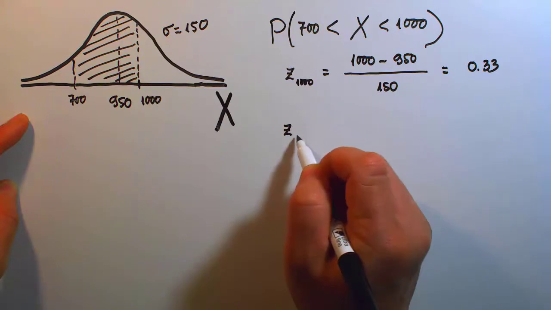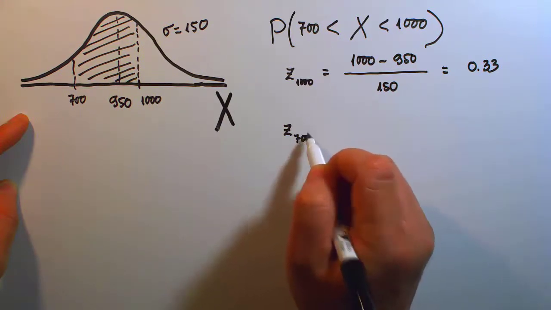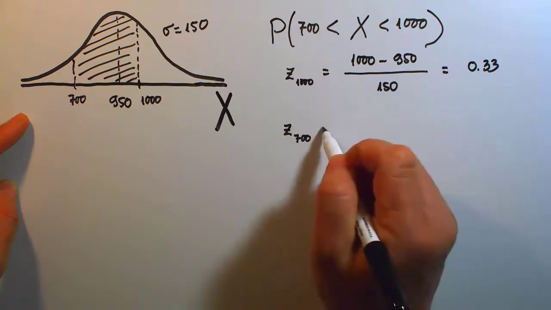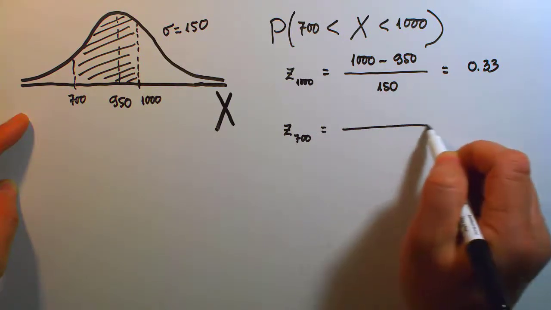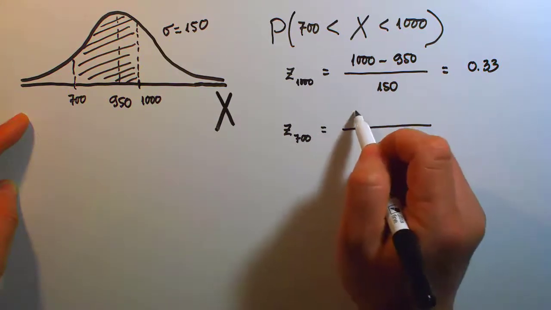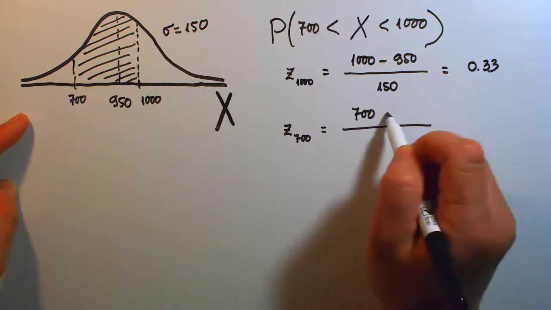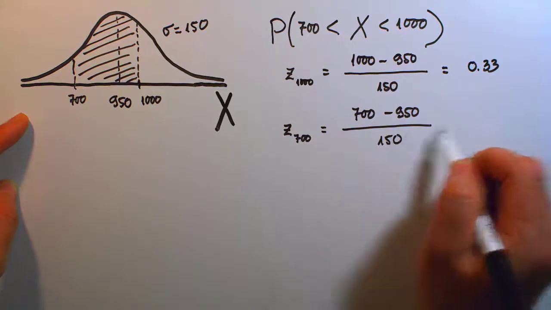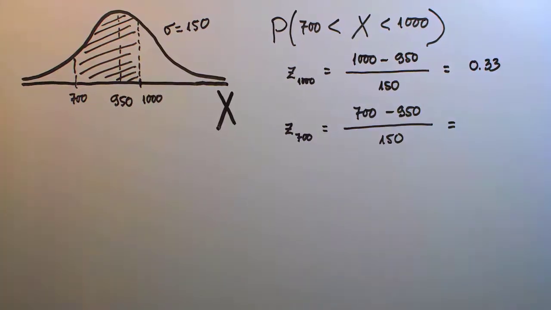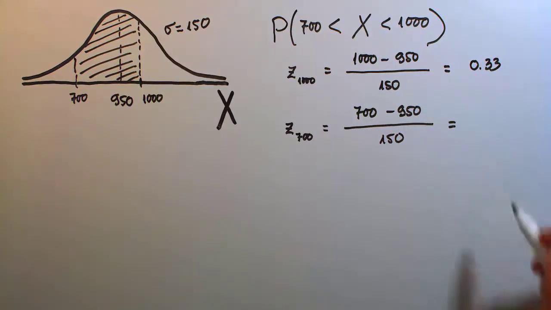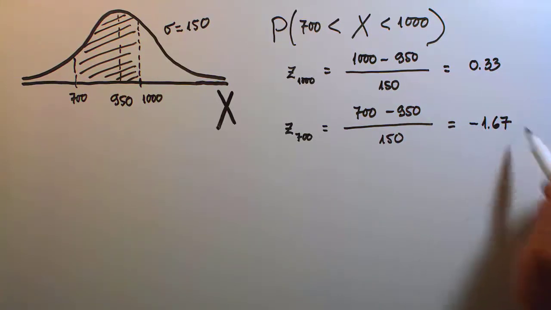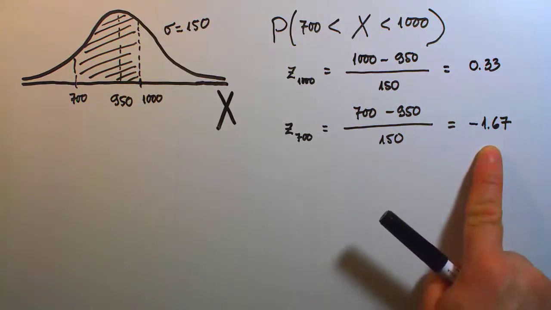The other value is 700, and now I'm about to find a z-score for 700. The formula comes out as 700 minus 950 divided by 150, and that gives me negative 1.67 after calculation.